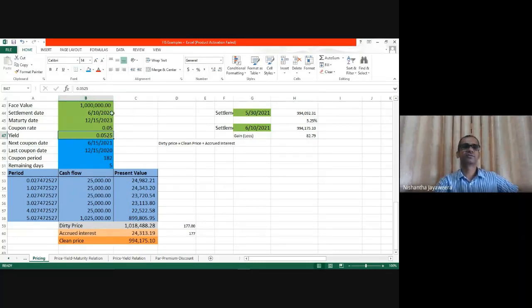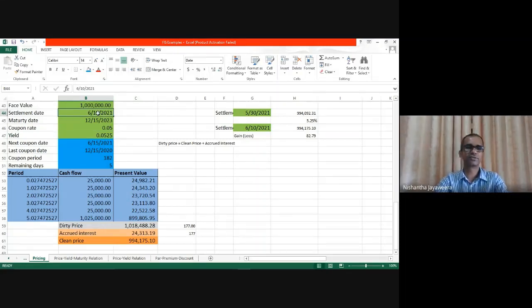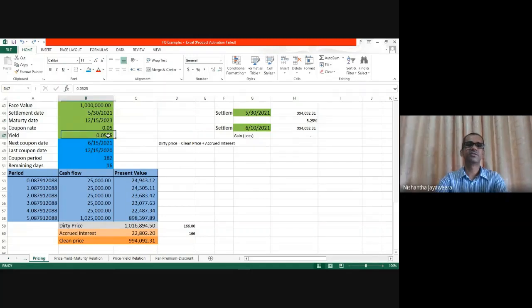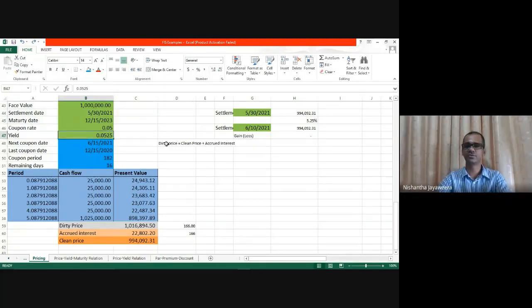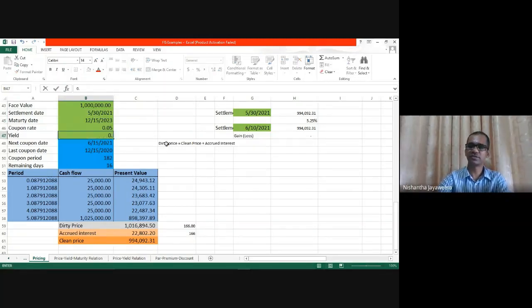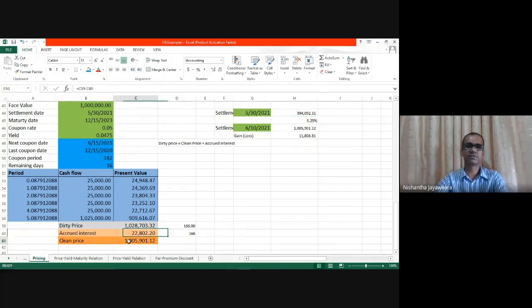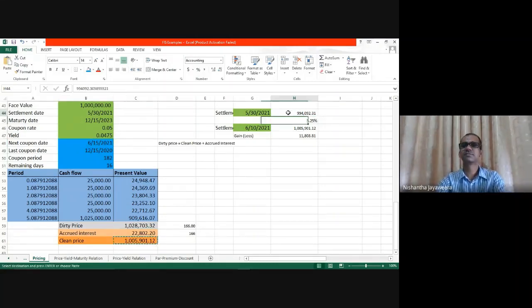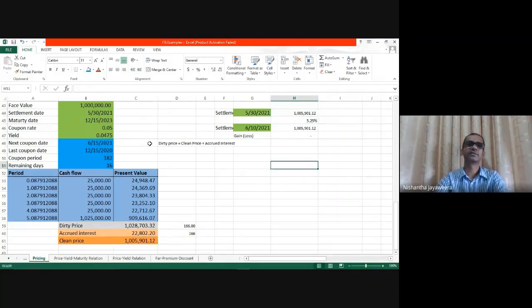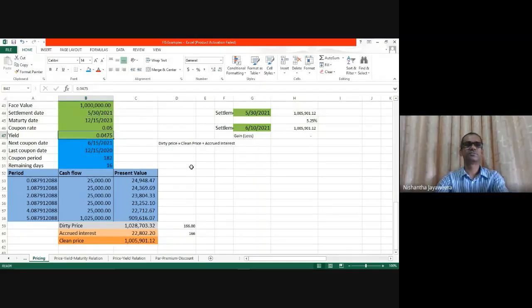Okay, to show you that, we'll go back to 30th May. Instead of 5.052, assume you bought it at 4.75. Then the price should be, this one should be for the days, correct? 30th May, yield is 4.75.